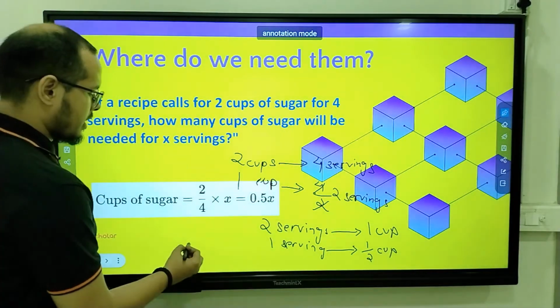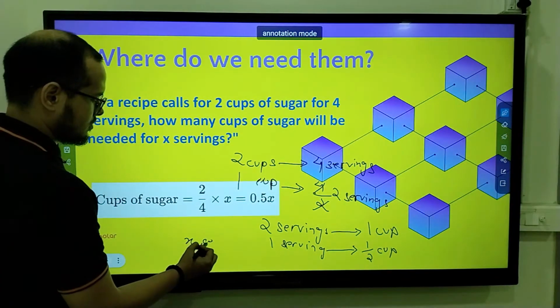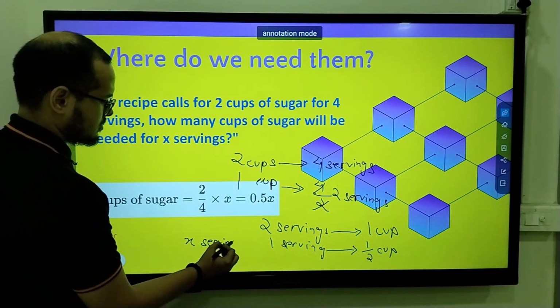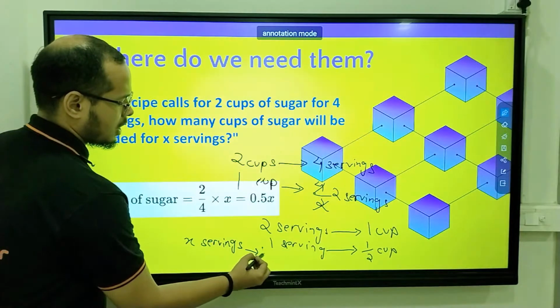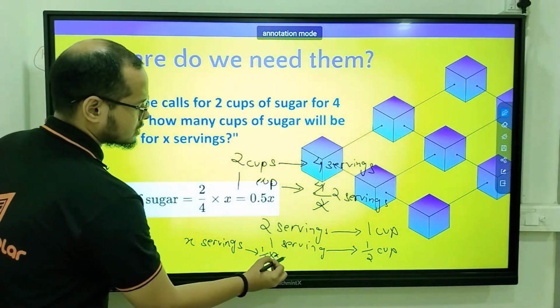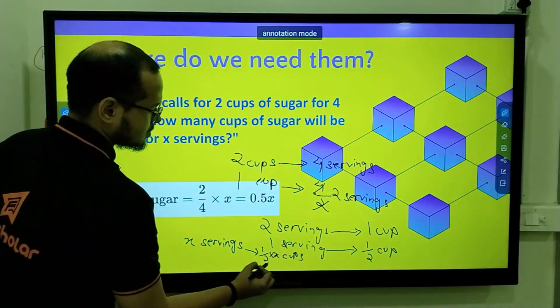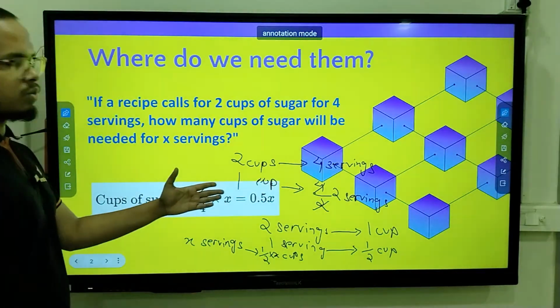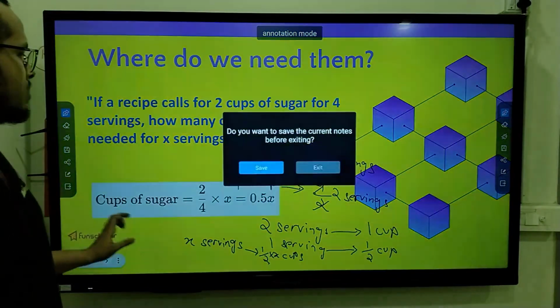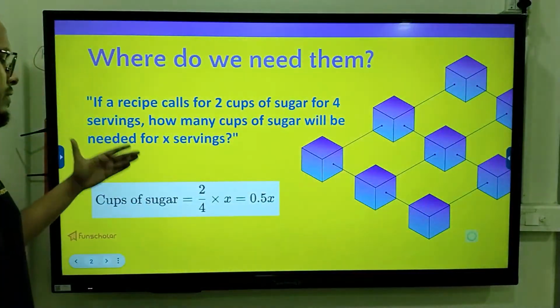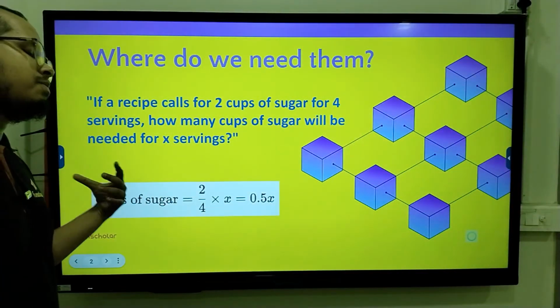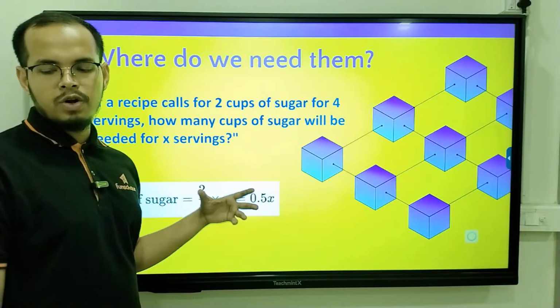Then X servings for half into X cups. So this is what is written in this particular equation. We'll be understanding how to form equations, but we'll be simply using the unitary method, the method that we all know.